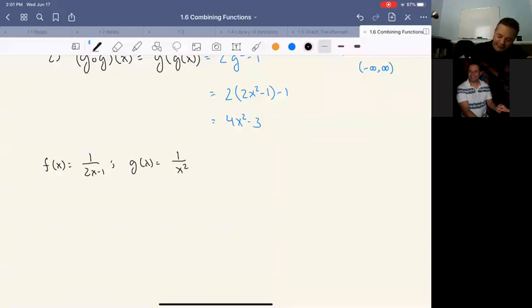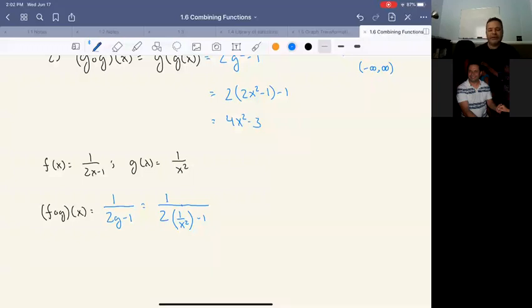So let's take f following g. f following g of x is going to be 1 over 2g minus 1. Equals 1 over 2 times g, and g is 1 over x squared, minus 1.